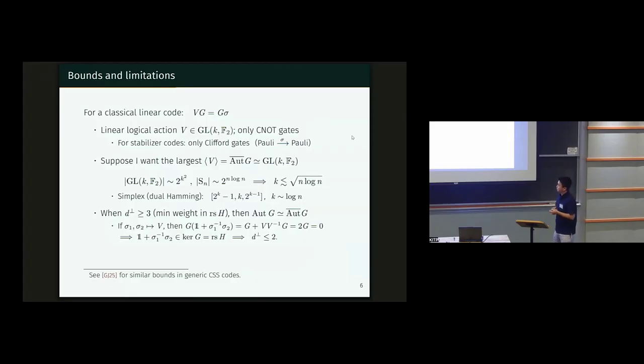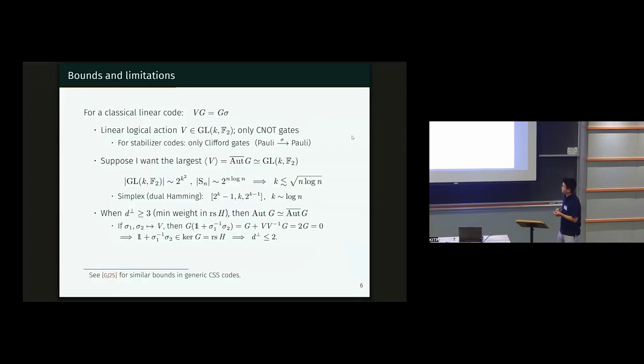Another question you can ask is, what if I want the largest possible automorphism group? I want this V to essentially saturate this bound. I want it to be every invertible K by K matrix. Then you can do some simple dimension counting, comparing the size of GL_K versus the size of the symmetric group, and you can see there's essentially an upper bound on K if you want to do every single possible automorphism gate.